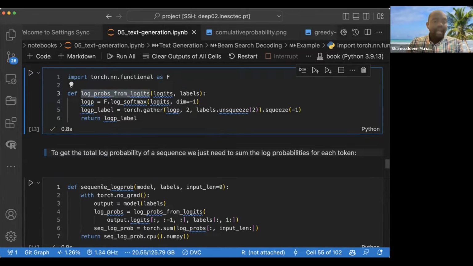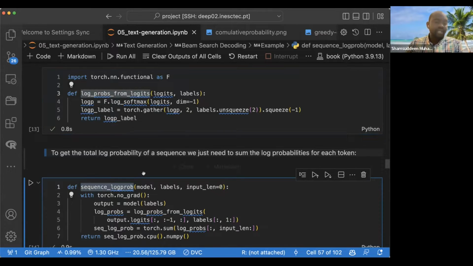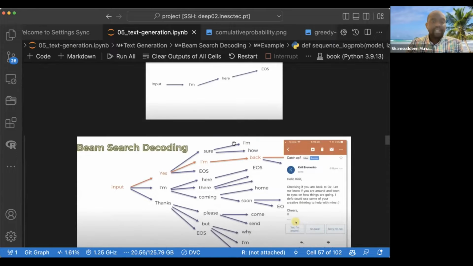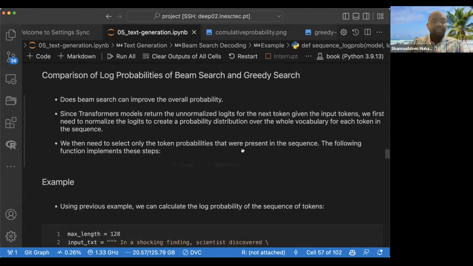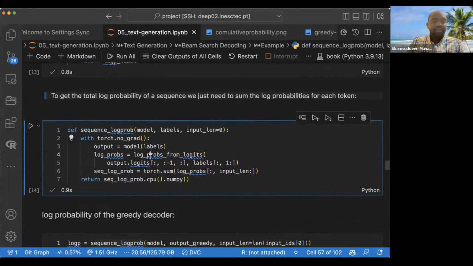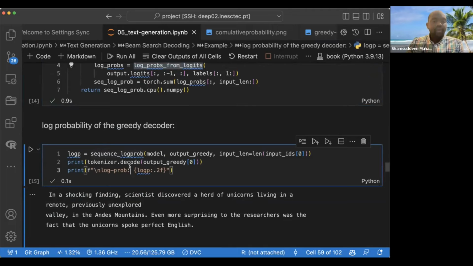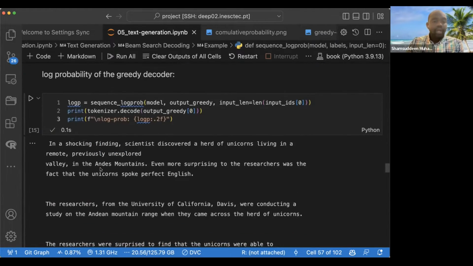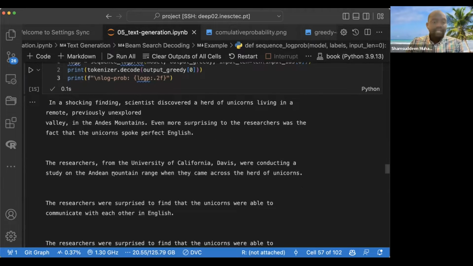At each step we find the log probability, and now we can find the summation, which is the helper function they implemented here, sequence log probability. Given the model, I use this sequence log probability and get the prediction. You can see this is the output.